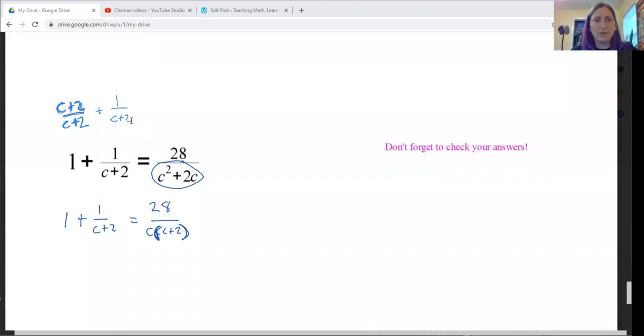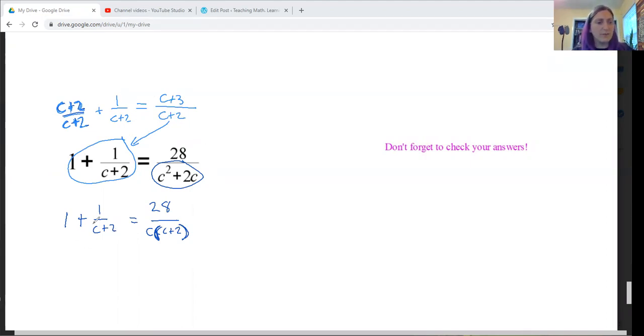What does that equal? Well, our denominators are the same, so it stays c plus 2. And then c plus 2 plus 1 is c plus 3 over c plus 2. Cool. Okay, so now my whole expression is this whole side of the equation. That's why it's useful sometimes to be able to turn a mixed expression into a regular rational expression.